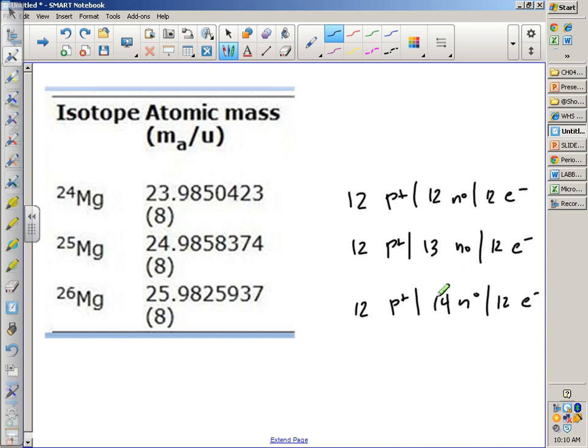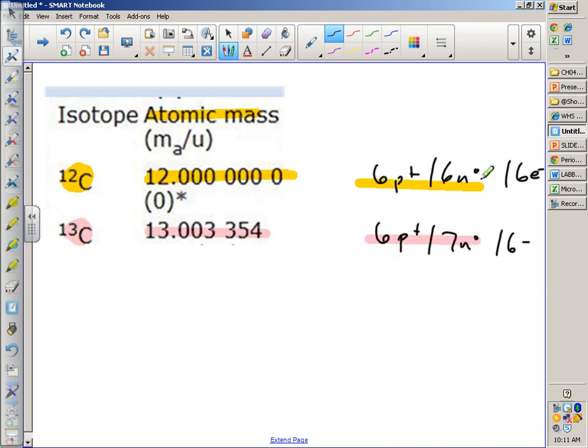All right. Now, here's the thing about atomic mass. We said atomic mass is a comparison value, all right? We are comparing everything to the carbon-12 isotope. And on the previous chart, we figured out that carbon-12 has 6 protons, 6 neutrons, and 6 electrons. Good there?